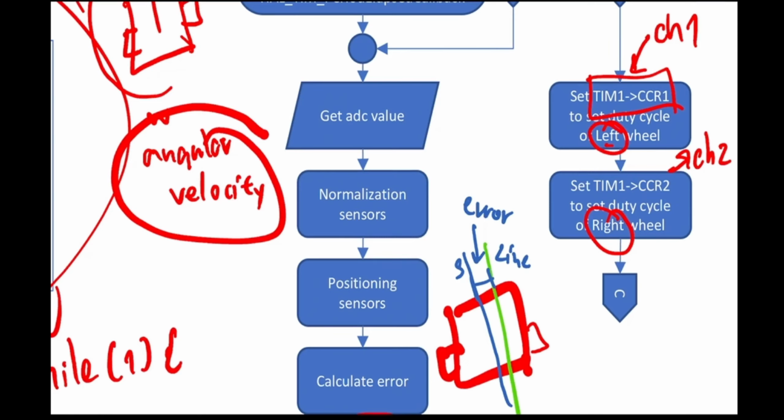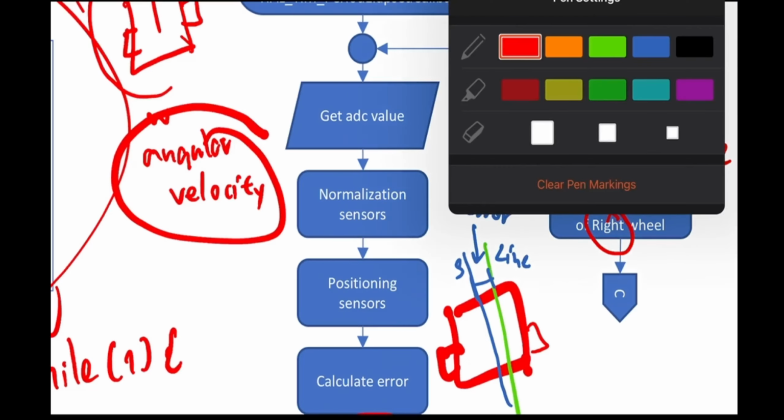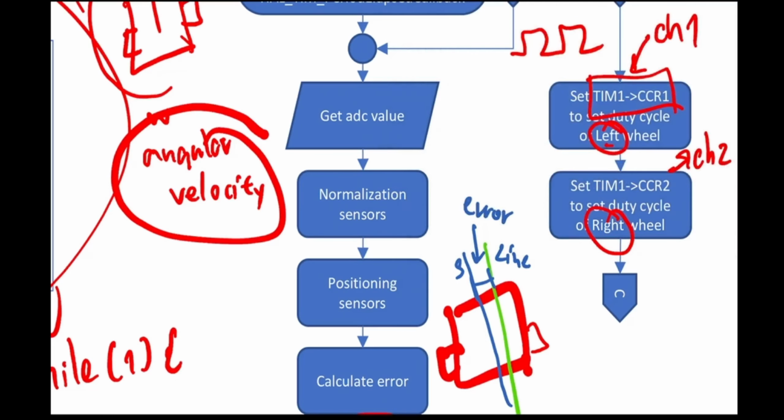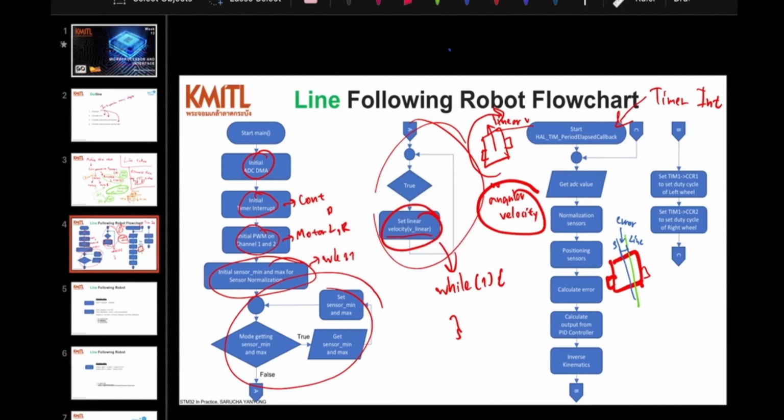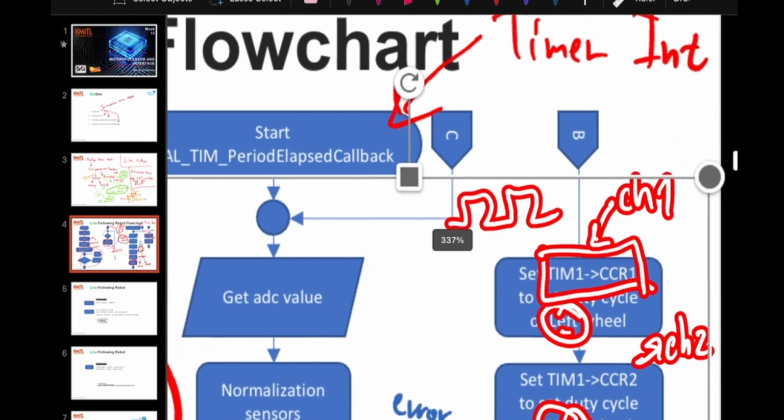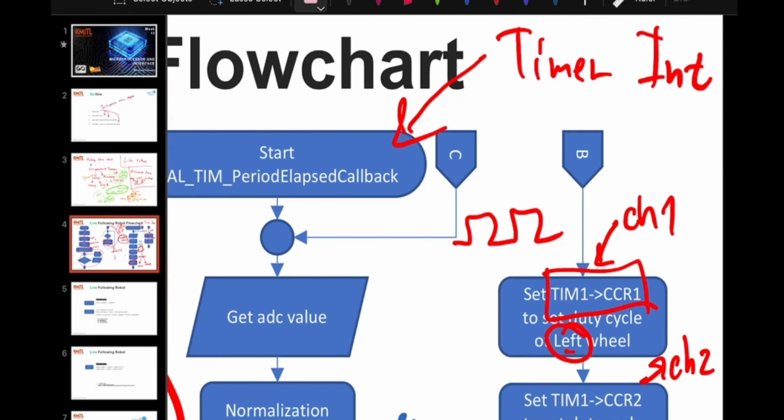Do you remember? 100% means full speed. 50% means half of the speed.